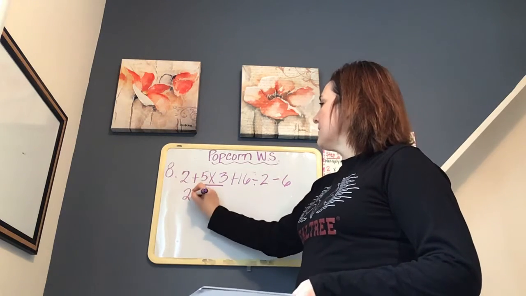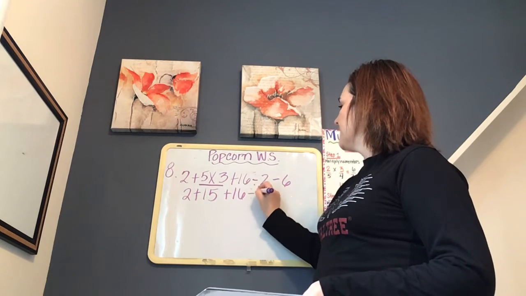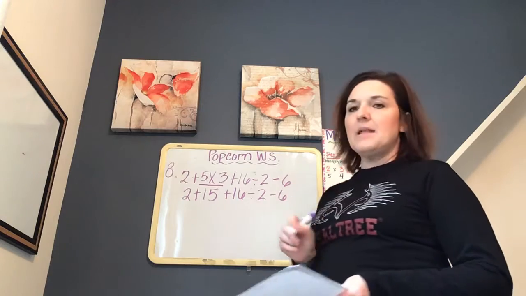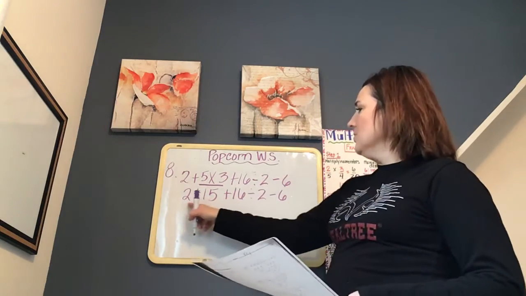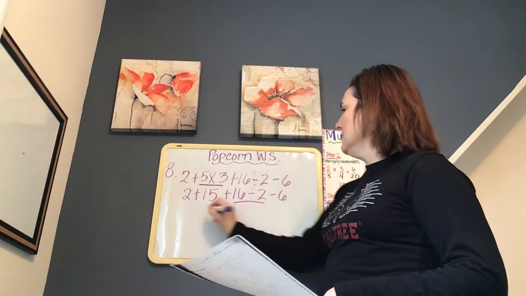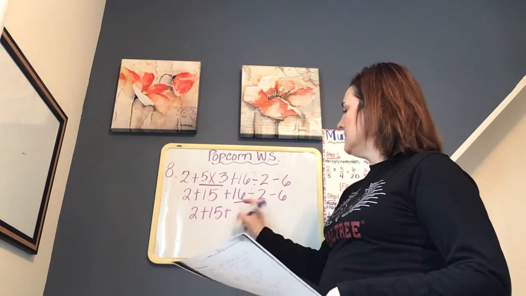So we're going to rewrite everything and do what we have. Again, that brings it closer to what our answer is going to be. Looking across this, we're going to do our division. Again, rewrite everything that you have not done.